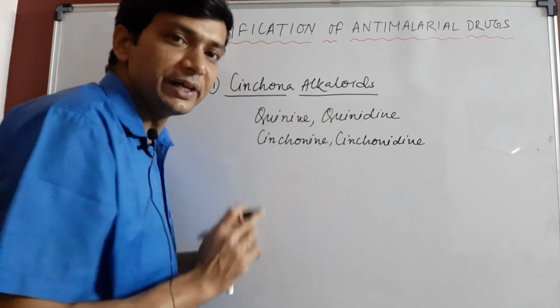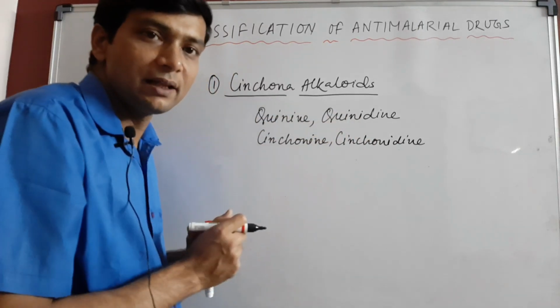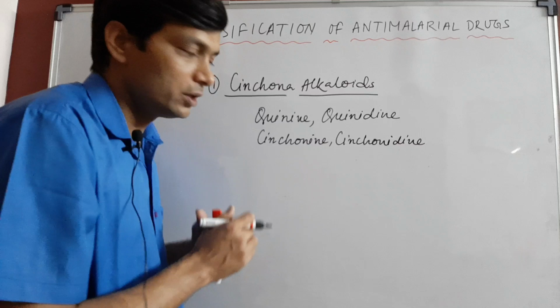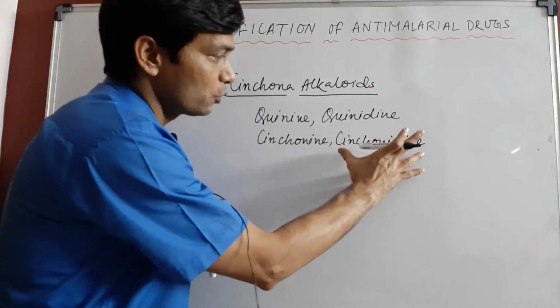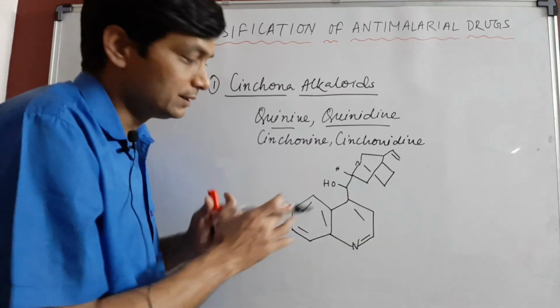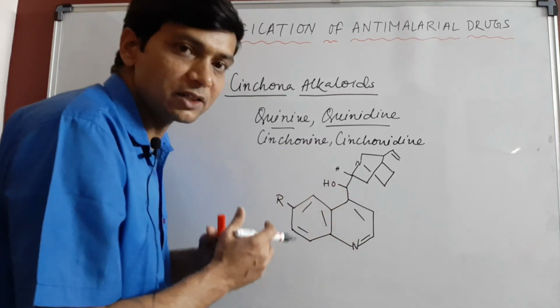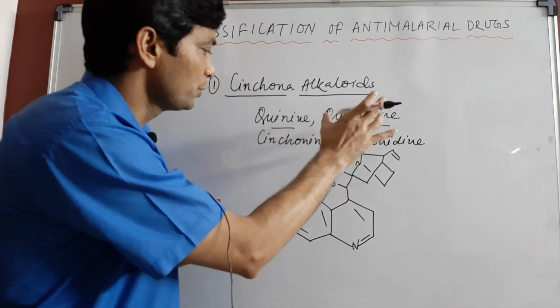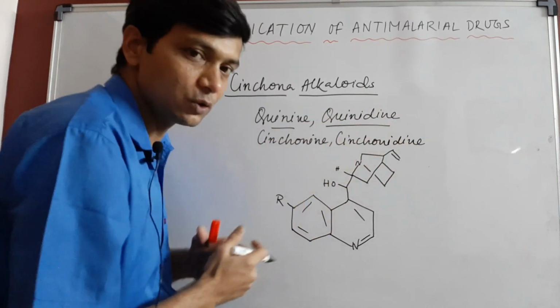Quinine and quinidine are optical isomers of each other, and cinchonine and cinchonidine are also optical isomers of each other. This is the general chemical structure of quinine, quinidine, cinchonine and cinchonidine.